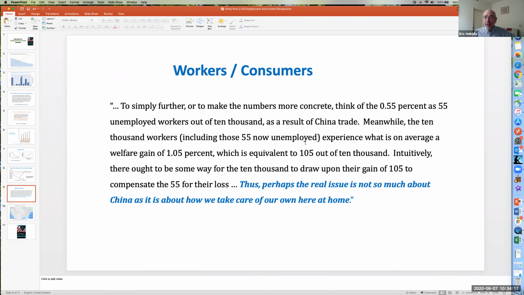Another point that we need to consider in the context of employment and income, and how it's impacted in the US by competition in manufacturing from China trade, is that we all as workers have a dual role. We are workers and we are consumers. We work in order to earn income, and then in our role as consumers, we spend a good part of that income.